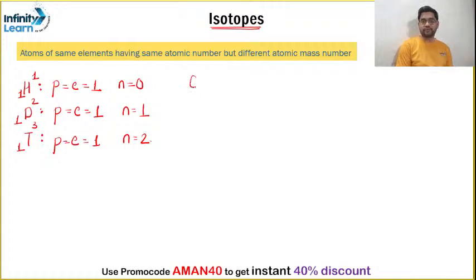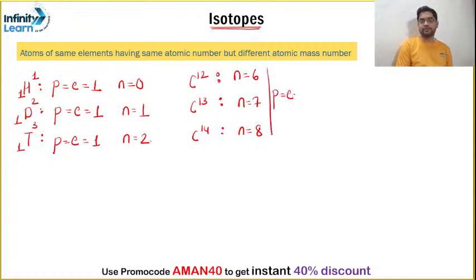Similarly, if I take carbon 12, carbon 13, and carbon 14, the number of neutrons is 6, 7, and 8, whereas the number of protons and electrons in all cases is 6.